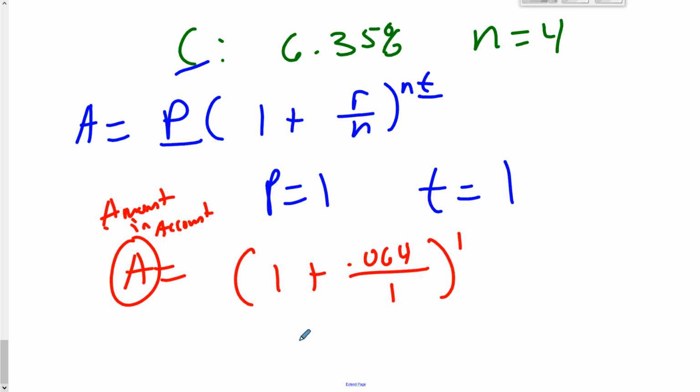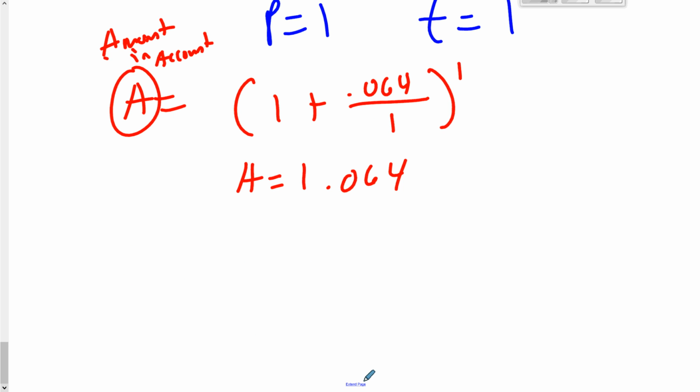So this is 1.064. So I would get $1.064 back. So that means my interest would be taking my amount in the account at the end minus my principal. So my interest collected would be 0.064.